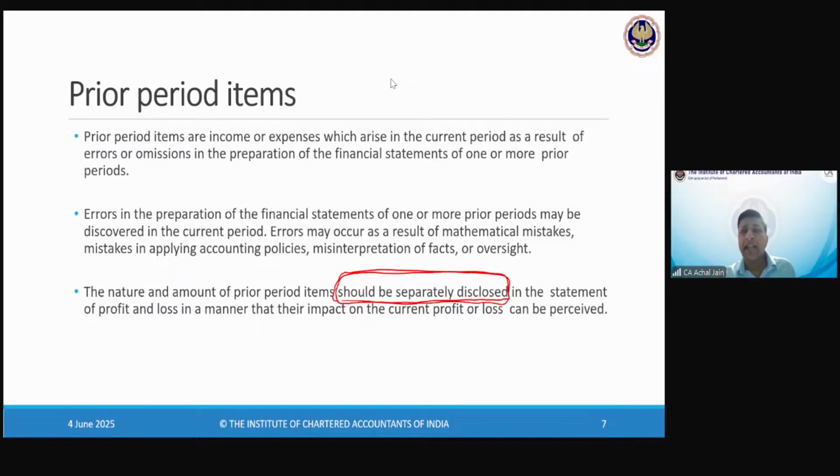Then the next area that we discussed was about estimates. Can you give me some examples of estimates? We discussed some examples. Over to you. Okay. So Rohan says useful life of PPE.